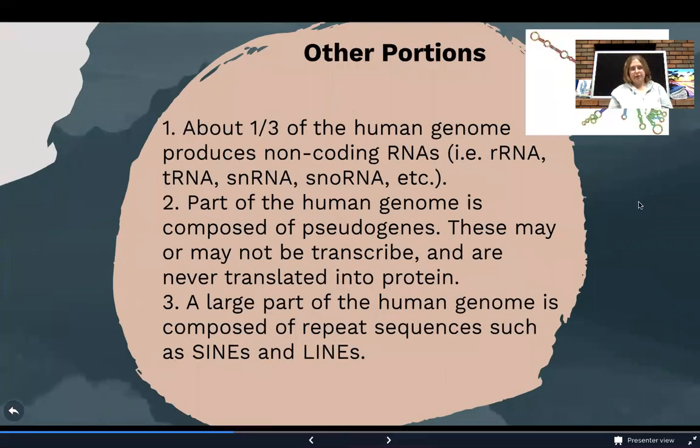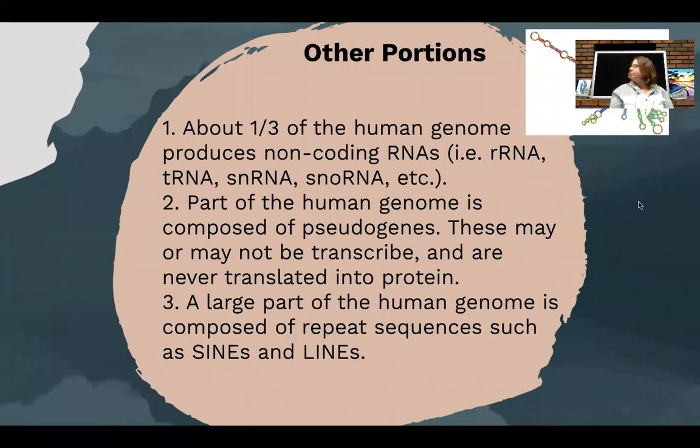So the other portions. Now, as we've already mentioned, the part that encodes for genes, that's the part that gets transcribed into the mRNA. But what about the rest? I mean, we've talked about rRNA, the ribosomal RNAs, or the tRNAs, or the snRNAs, or RNAi, snoRNAs. There are so many different kinds of RNAs, and we have to be able to make them from the DNA as well.